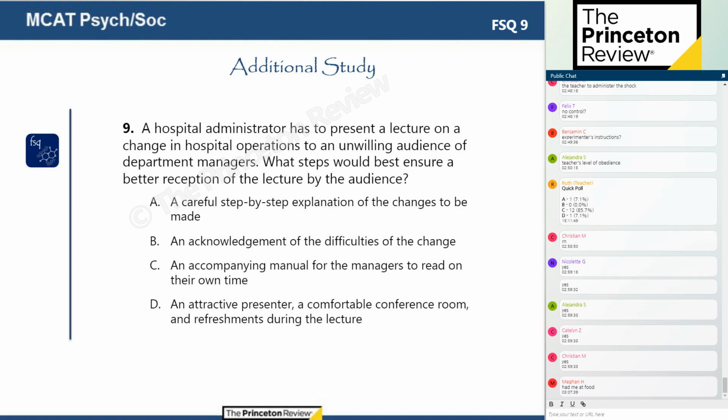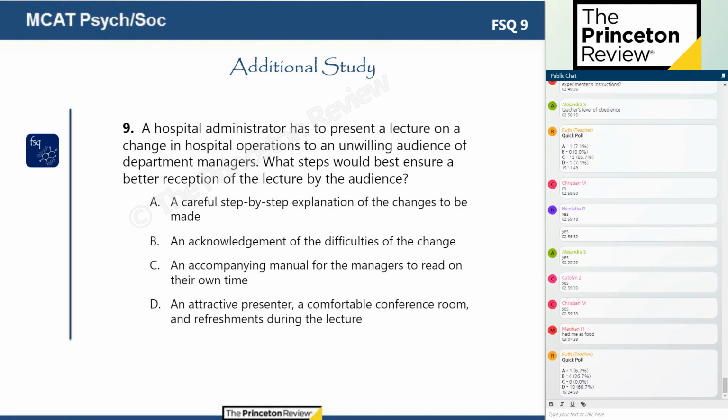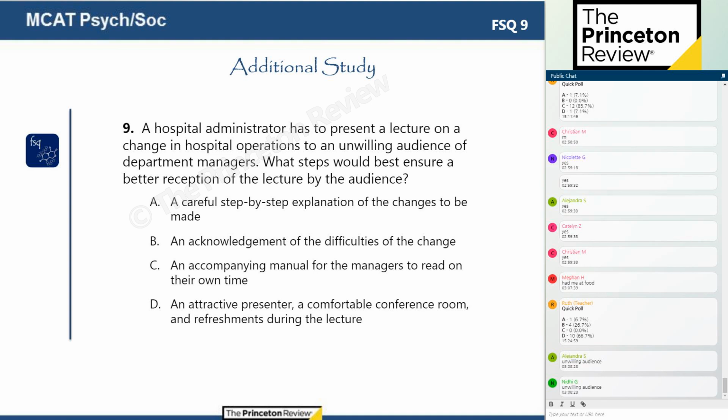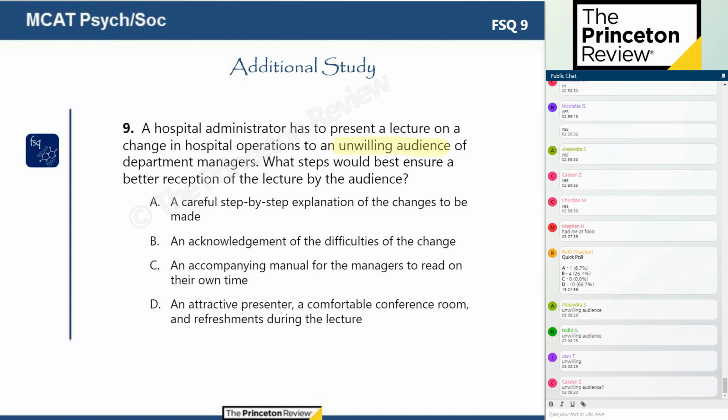Okay, I'm going to close out the poll and publish the results. And we're going to take a look here. There is a phrase in the question stem that points us in the direction of what really is the best answer here. What is that key phrase? Yep, unwilling audience.